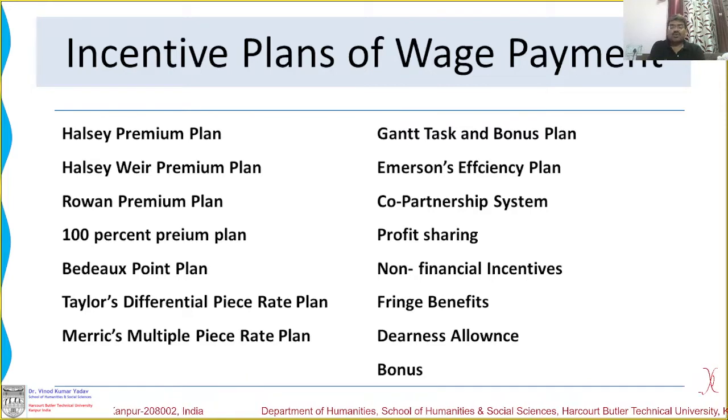Now, after this co-partnership system, if you go in history, you will find that one of the earliest was the Halsey premium plan, which was promoted by Halsey. And co-partnership, profit sharing, non-financial, these are considered as the modern incentive plans.